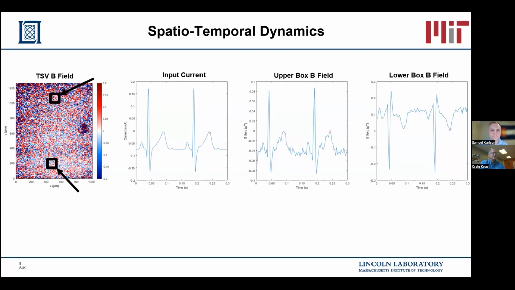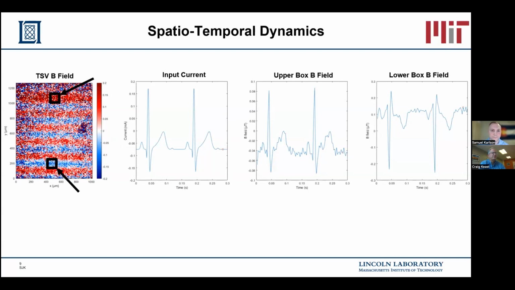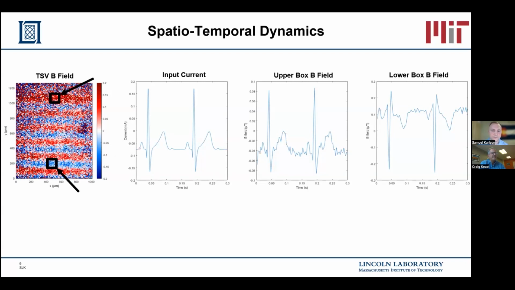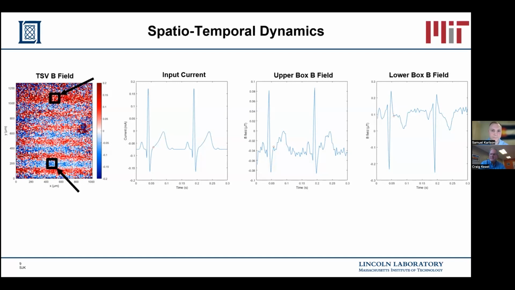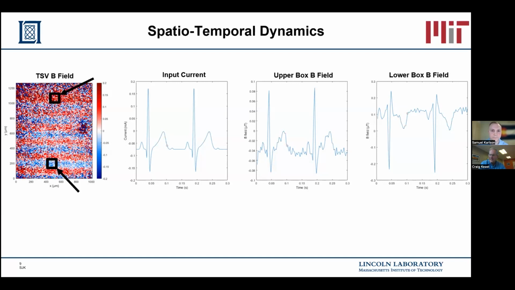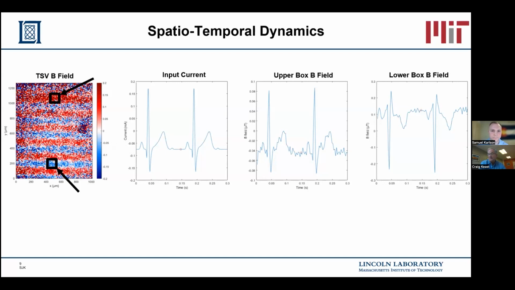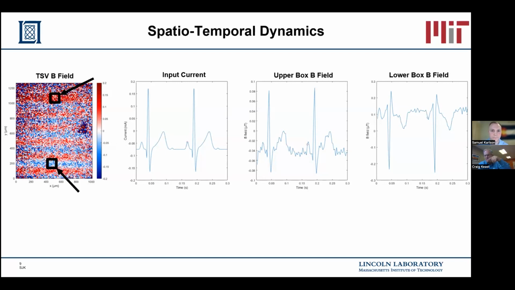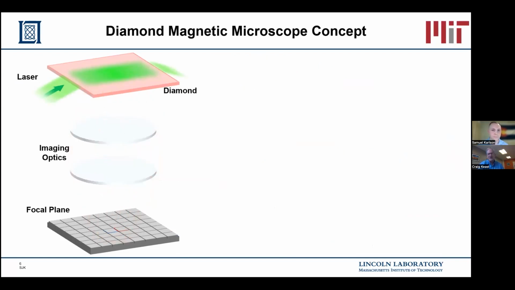Next question: how can you improve the imaging process with diamond? Because inside the diamond, light undergoes multiple reflections. I think this is about the fact that you have multiple passes, total internal reflection within the diamond. How does that boost your signal?